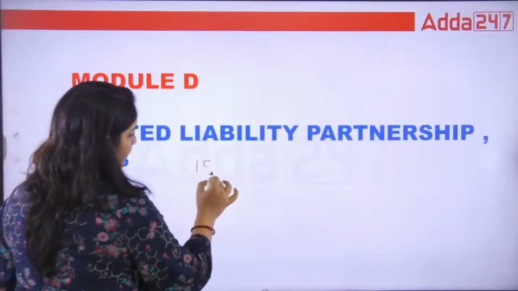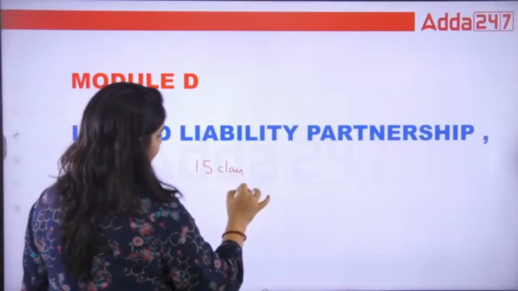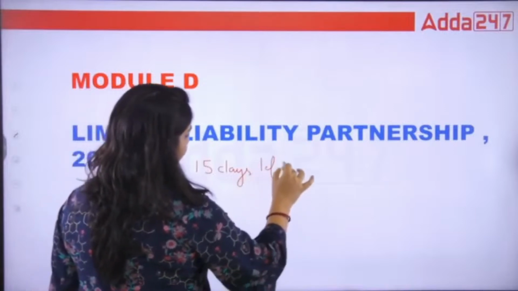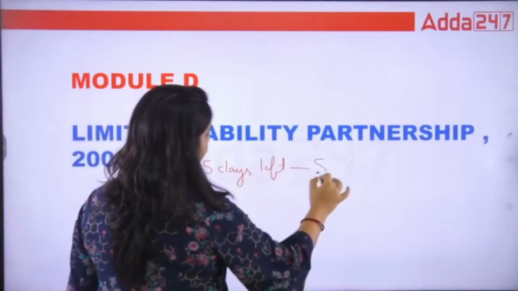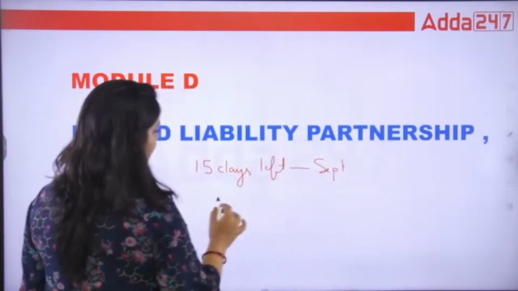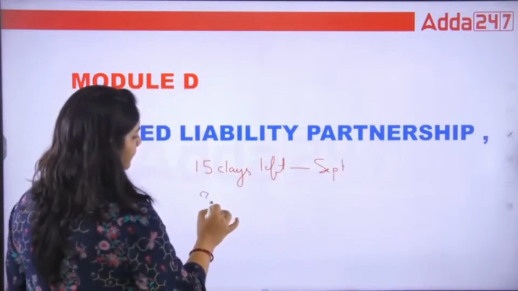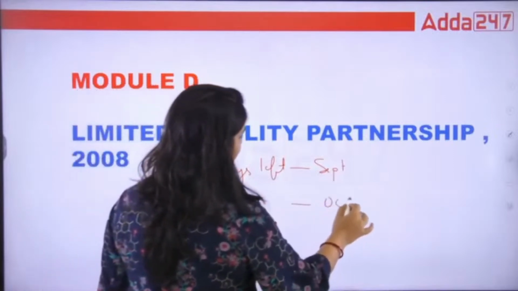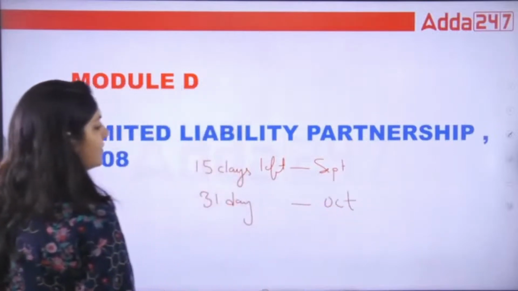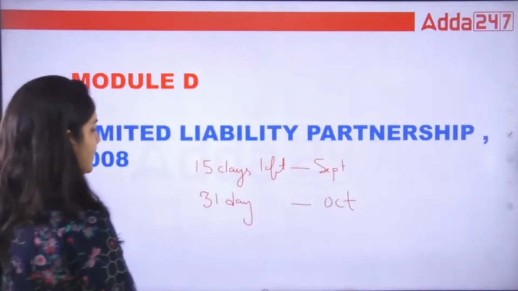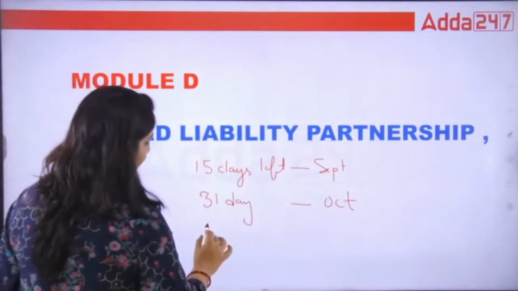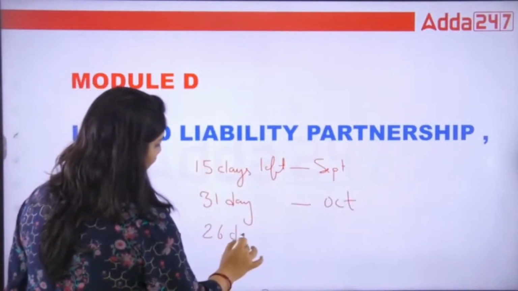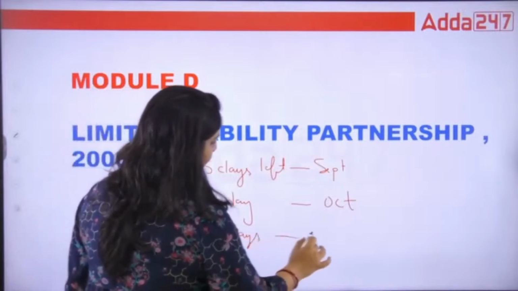So 15 days are left in your September, right? October has 31 days, and November has 30. So in November you have 26 days, right?